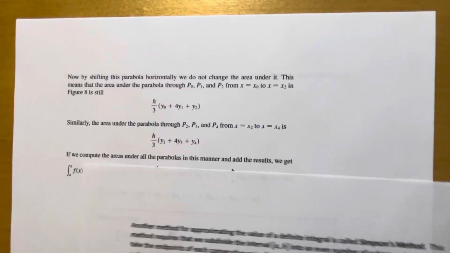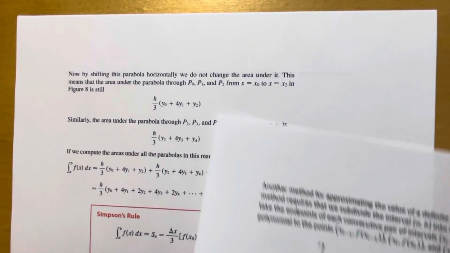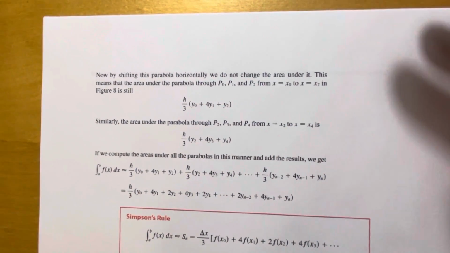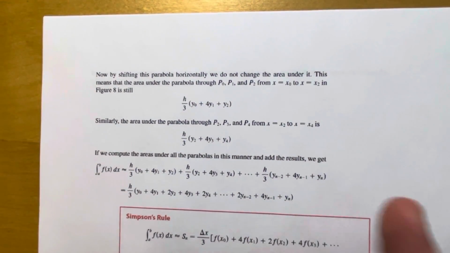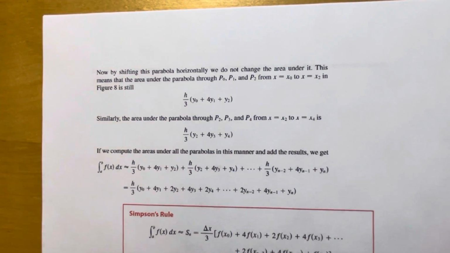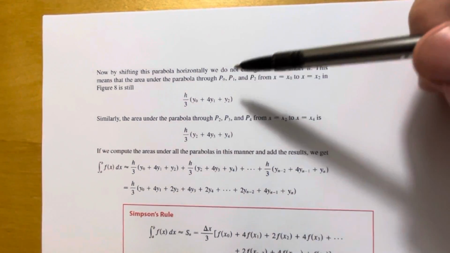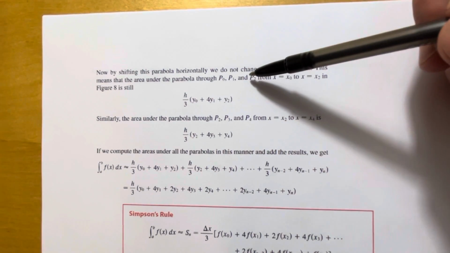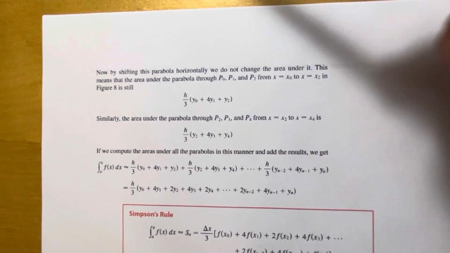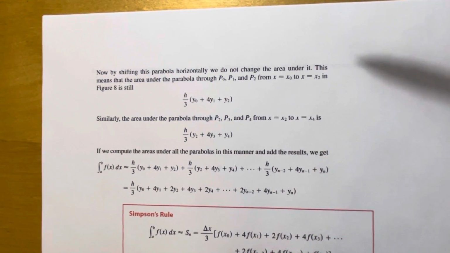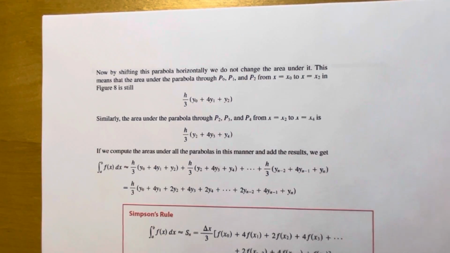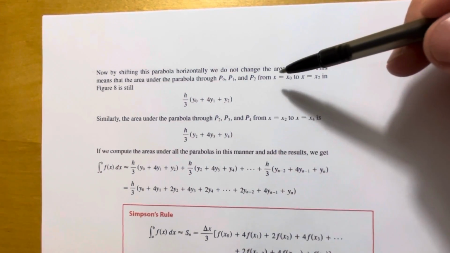Let's use that. Like this. Okay, so now I know that if I were to take that parabola and shift it around horizontally, then the area under it wouldn't change. So instead of the original points, P0, P1, and P2, I can shift it to wherever the interval I actually want to integrate over is, and put it over those 2 consecutive subintervals where we're finding our parabola.